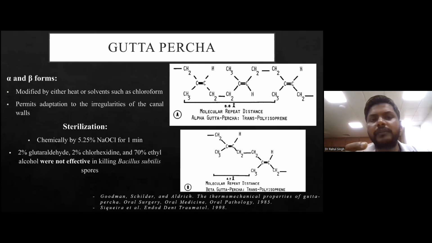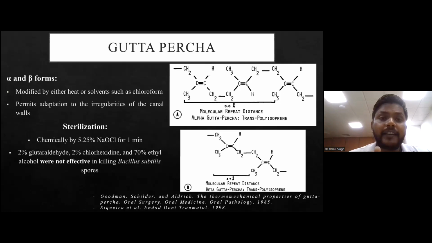So what you can do is use your older gutta percha boxes and mark the grooves as mesiobuccal, mesiolingual, or whatever canals, and put some sodium hypochlorite into those old boxes. Then put the gutta percha for the respective canals in those grooves, so that you don't forget which gutta percha is for which canal.